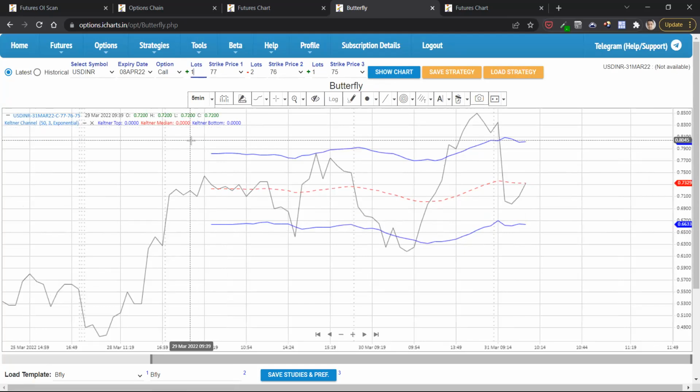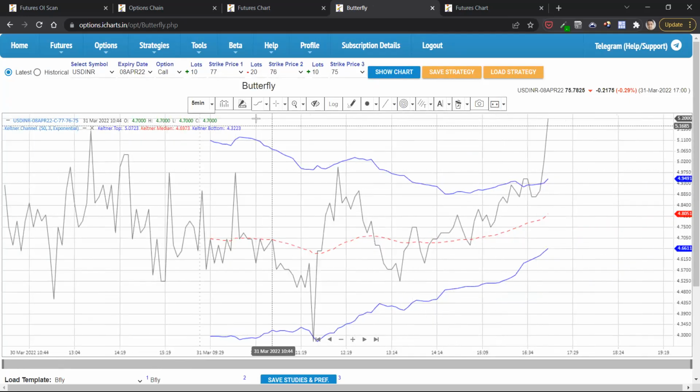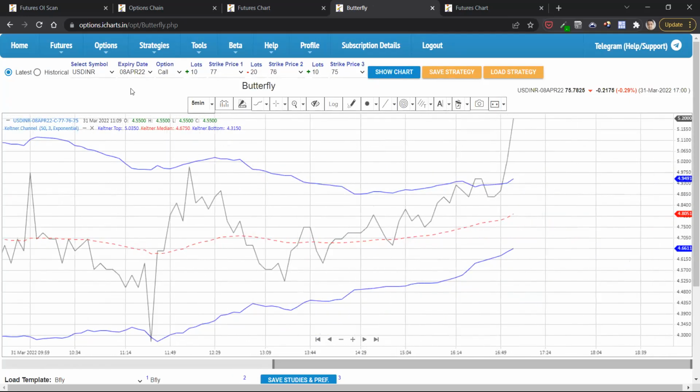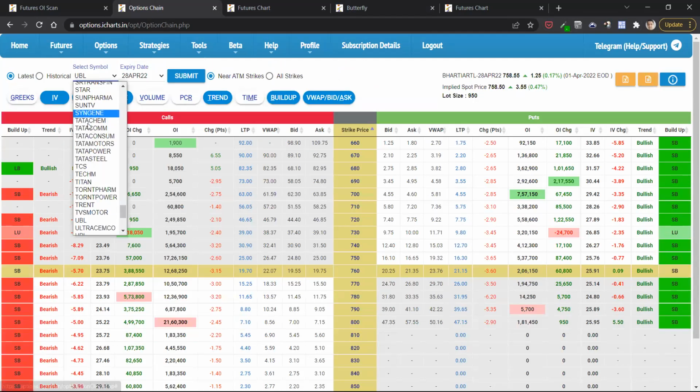Use something like this, 10, probably 20 lots. One lot will not make much sense. I think this is weekly. I don't know where the liquidity is. I need to take a look at the option chain also. I've not looked at this for a while.